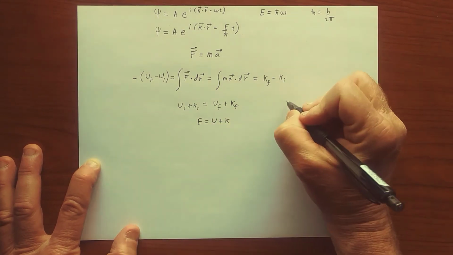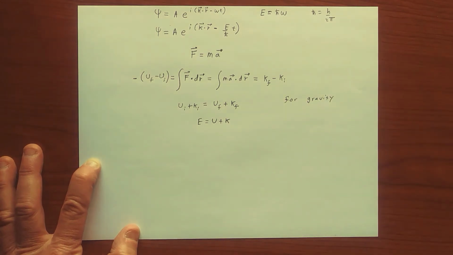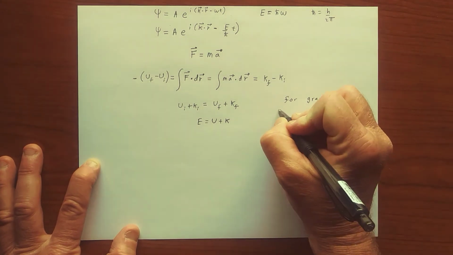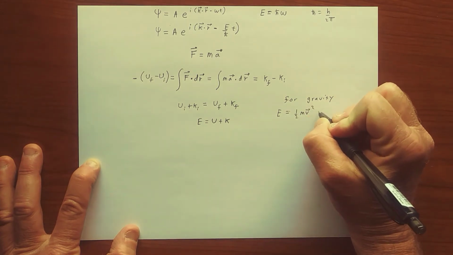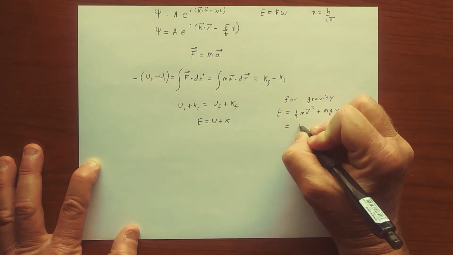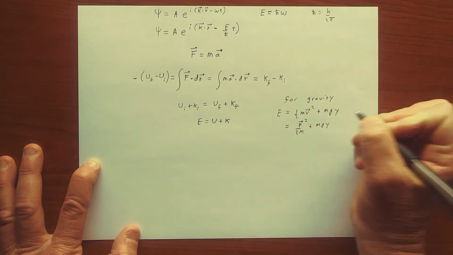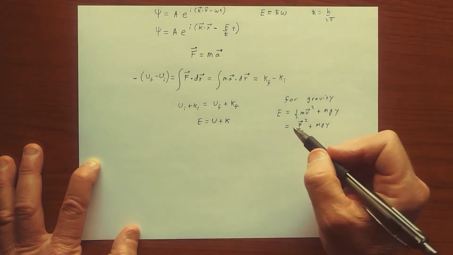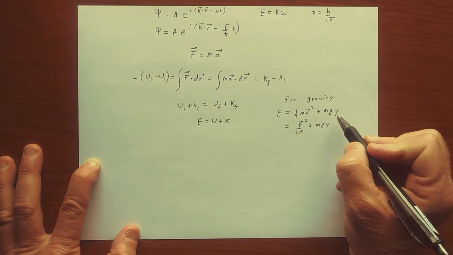For example, for gravity, in the simple problems where gravity is treated as a constant force of magnitude mg, the total energy is 1/2 mv squared plus mgy, which we could also write as the momentum squared over 2m plus mgy. But the key is that the total energy provides a constraint that allows us to solve for things like the speed and the height of an object.